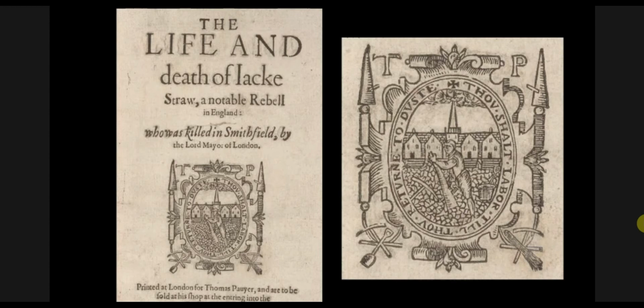It displays Pavier's initials, TP, and an image of a labourer, which, as Adam Hooks points out, is intended to represent a paver and recall Pavier's own name.